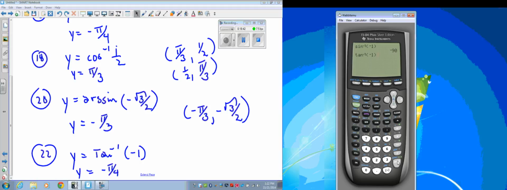Negative pi over 4. Negative 45 degrees. Negative 45 degrees. It's where it's one-to-one, and it's just an arbitrary definition. You just have to remember that that's where it's at.